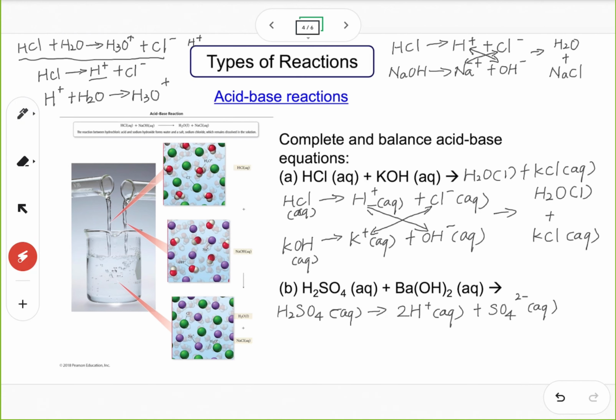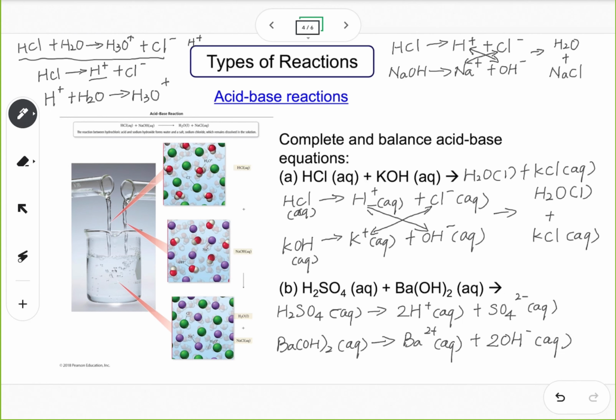Here the two comes from here: in each H2SO4 molecule, it has two protons, so when it dissociates, it will generate two protons. Now for barium hydroxide, it has two OH groups, so it dissociates to give you barium 2 plus and 2 hydroxide.